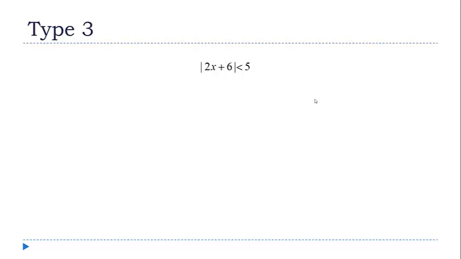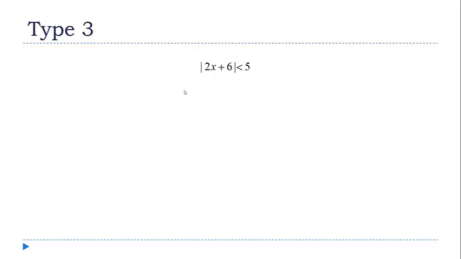This brings us to the third case. Now we have the absolute value of an expression is less than a number. And this is the nice one. We need two inequalities here, just like we had two equations in the first case. What makes this one nice is that I can combine these all into one expression, what's called a compound inequality.